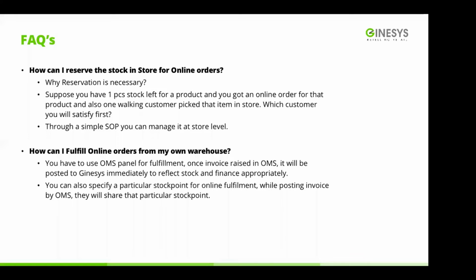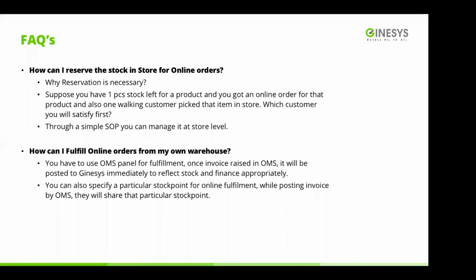So you can easily manage this reservation through a simple SOP, right? What is the SOP? Whenever an online order comes to you for confirmation, you just go to the rack and pick the product. Anyway, you are doing that right now. So I am telling you to do the same process again and again. You go to the rack, pick the product, see whether it is in sellable condition or not, and keep it aside so that a walking customer cannot pick that.